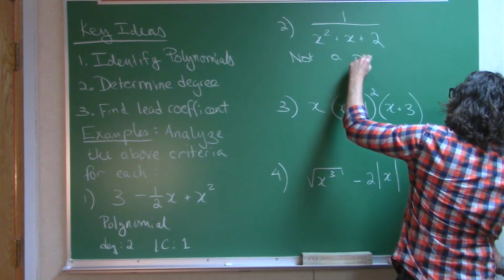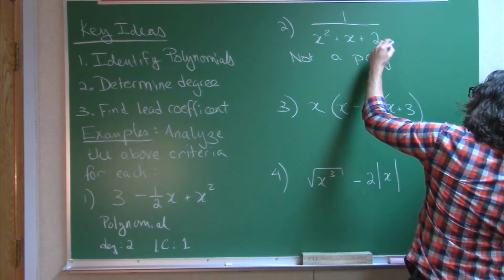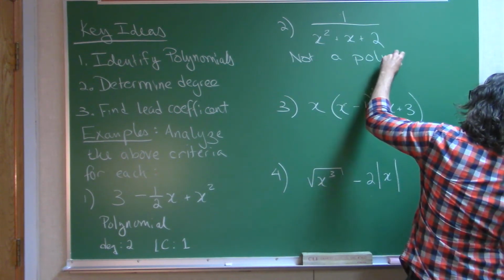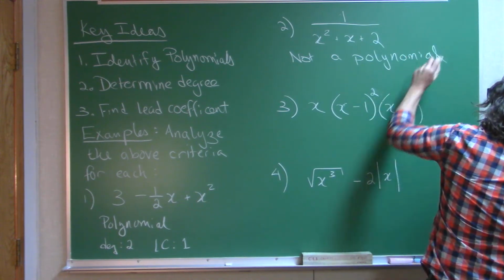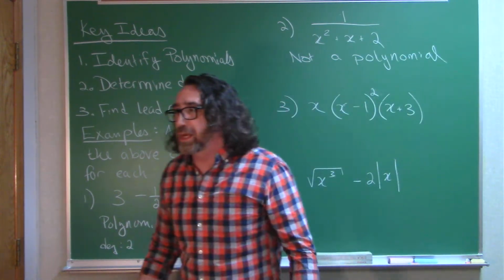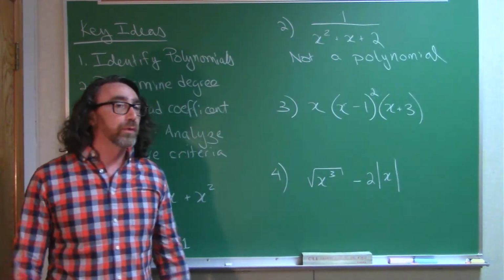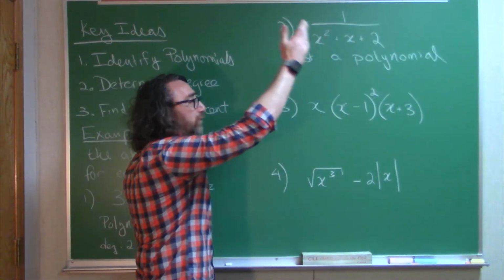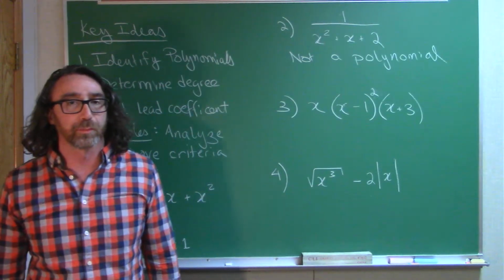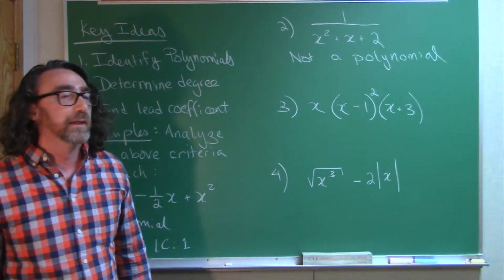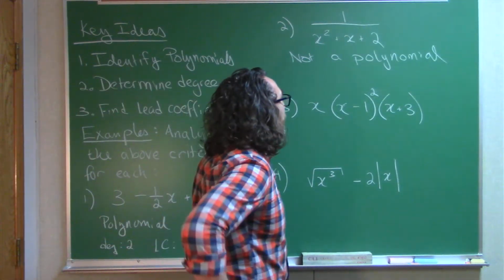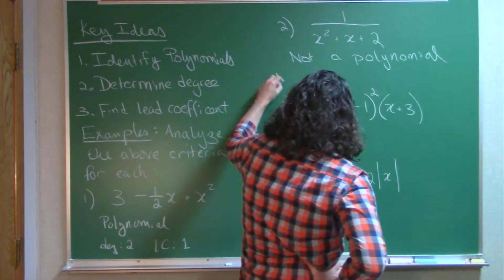This function here, this expression, in example 2 is not a polynomial. Now you might say, well, I thought you just said positive whole number powers. I see x squared, I see x to the first, and I see a constant. Those are positive whole number powers. But for a polynomial, you can't have x's in the denominator.